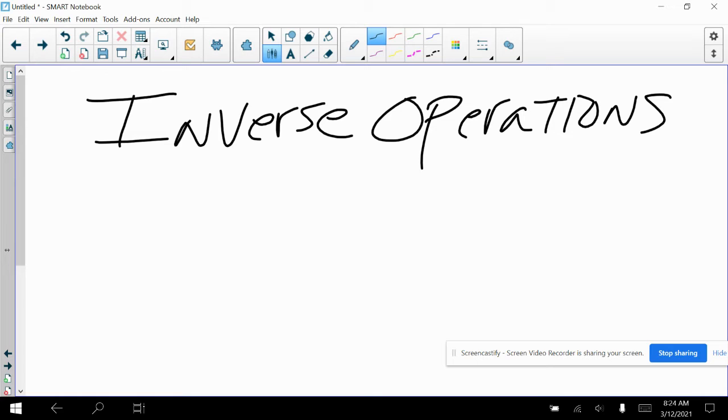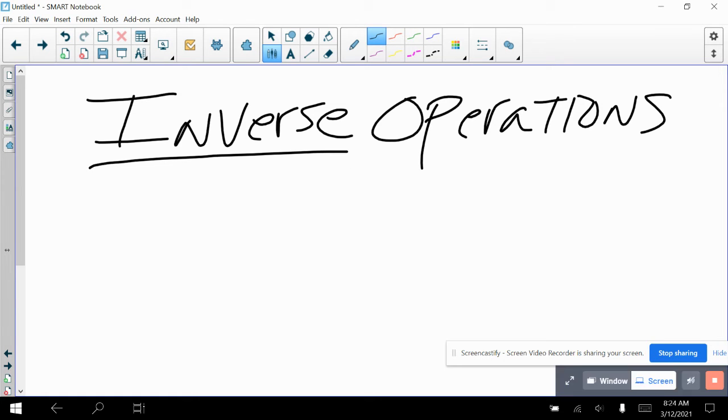Years ago, they used to teach this in elementary school. I'm not sure that they do that anymore. In elementary school, if you were given an addition problem, what they used to say was, what undoes that operation? That would be subtraction.